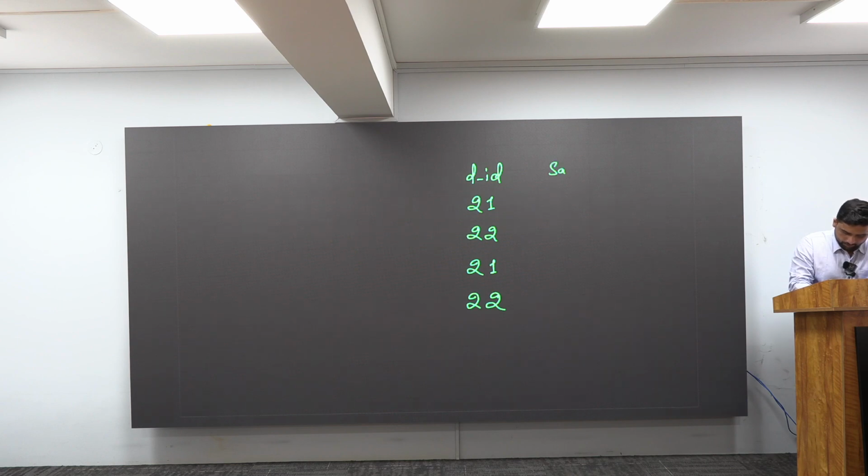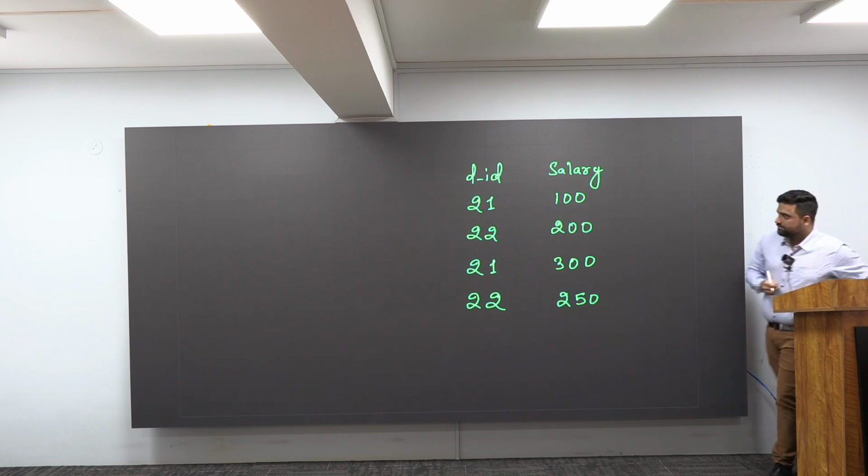I am taking a salary also. In 21, one employee is earning, for example, 100. In 22, one employee is earning 200. Again in 21, one more employee is earning 300, and in 22, one more employee is earning 250.